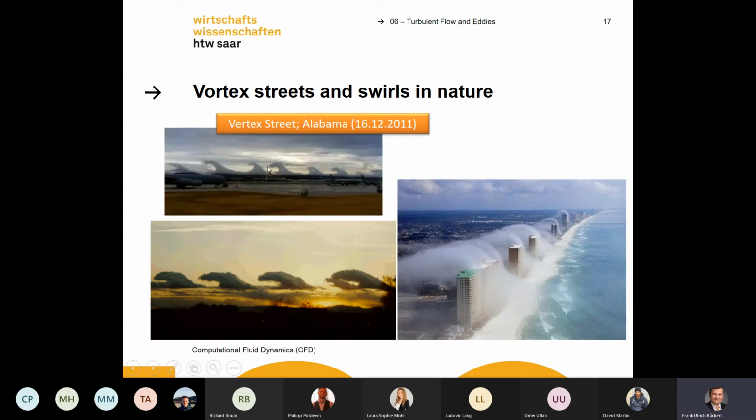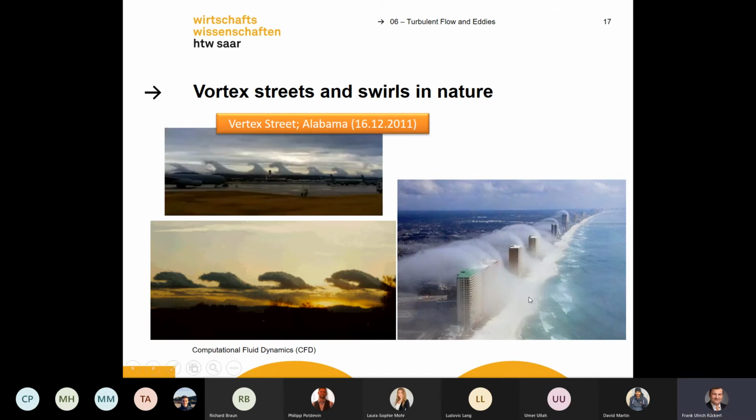And maybe one thing I want to mention here, the swirl always has two different kinds of swirl regions, but you only see one. You see the lower swirl region because here is water steam, clouds, but there will also be the same swirl region above, but we cannot see it because it's too high or there are no clouds.